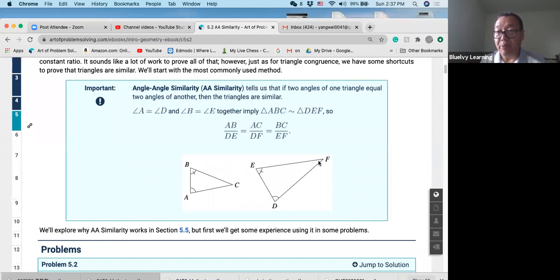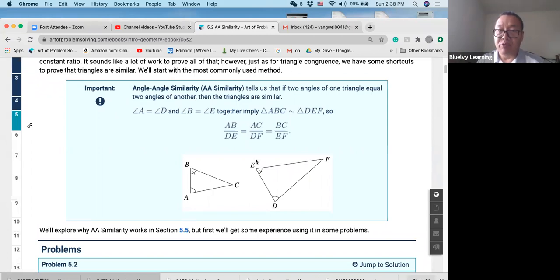That means the shape is the same, and their size may be different. That's fine. If these angles are correspondingly the same, their sides will have the same ratio.